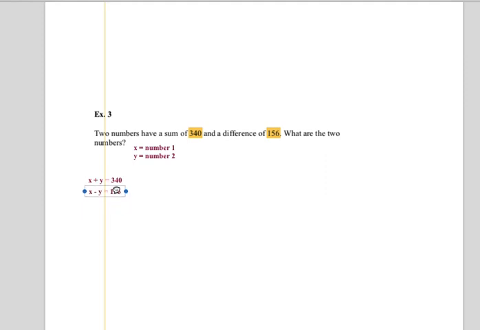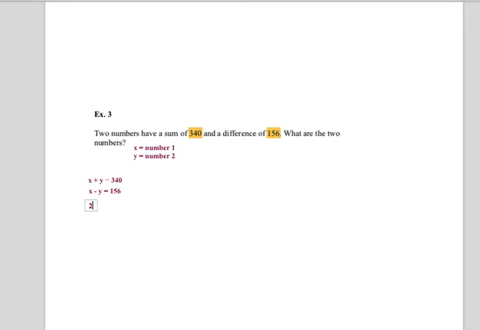So we're going to line these up. And this one is super easy because we already see here that there's a positive y and there's a negative y. So what we're going to do is add these two together. And so when we add them together, x plus x is 2x, and y plus negative y is 0.